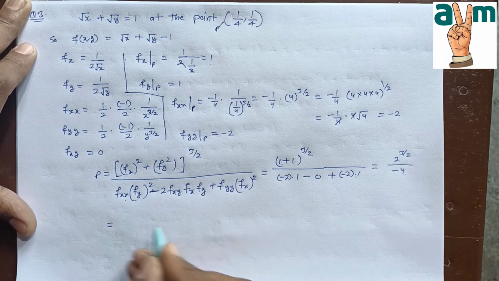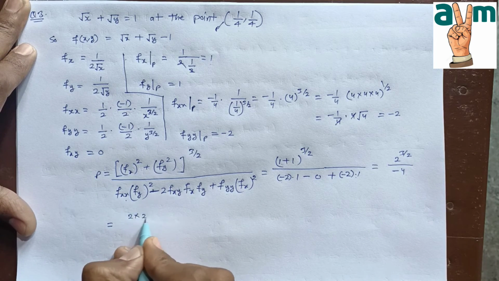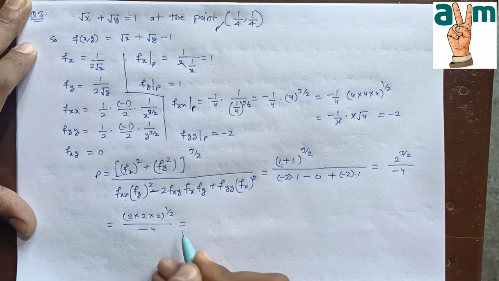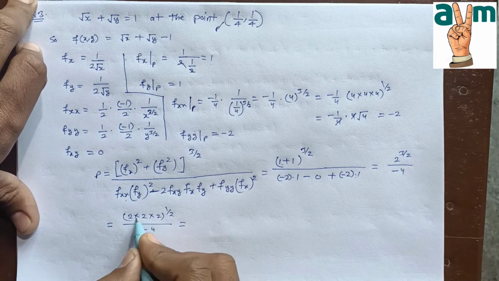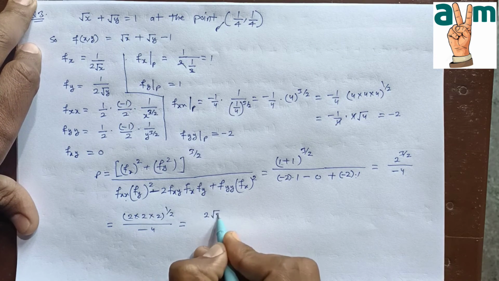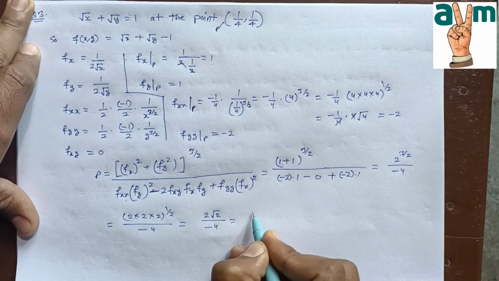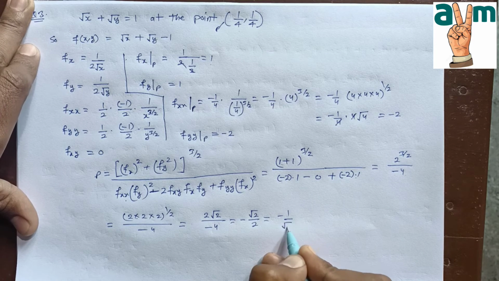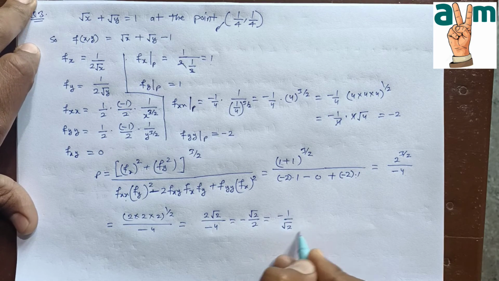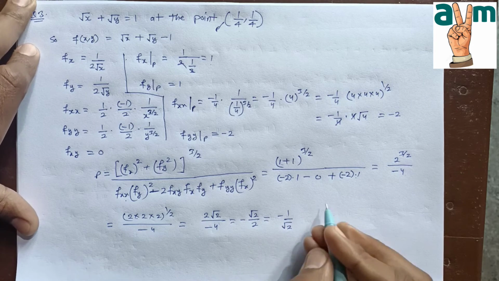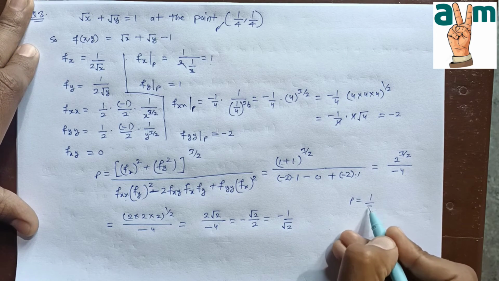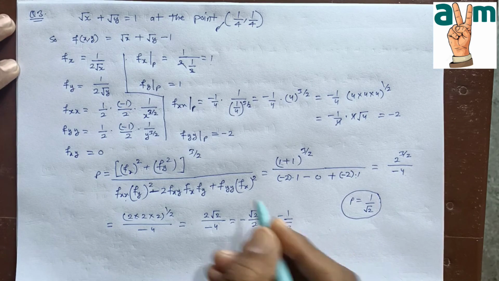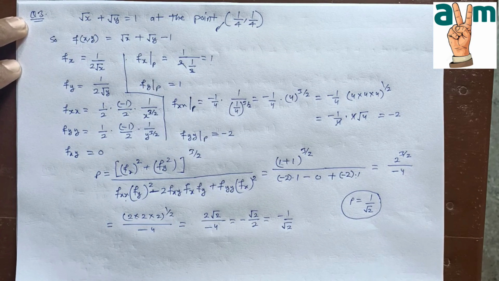So this is 2 into 2 to the power 1 by 2 upon minus 4, which equals 2 root 2 upon minus 4, that is root 2 upon 2, which is minus 1 upon root 2. This is the radius of curvature, and radius cannot be negative because radius is an absolute value. So the radius of curvature of this function is 1 upon root 2.